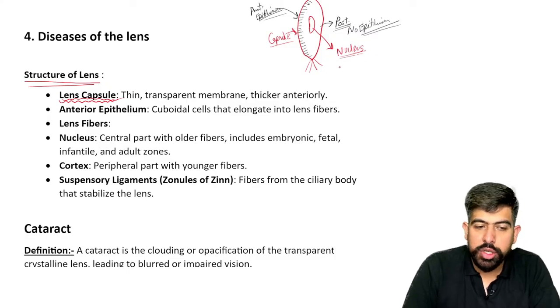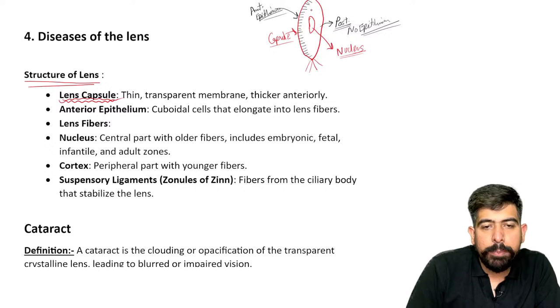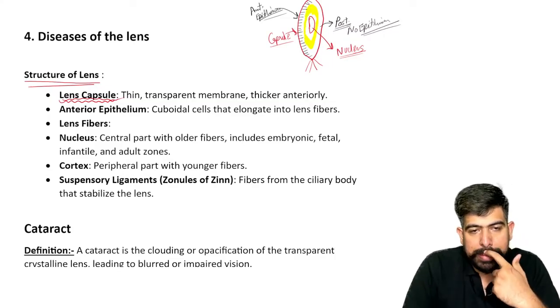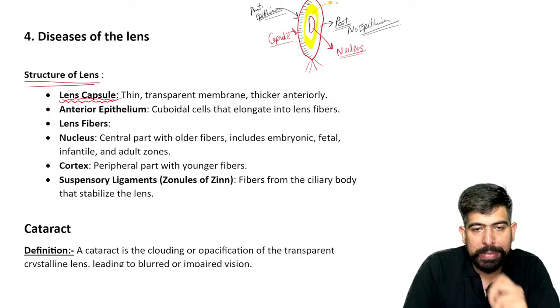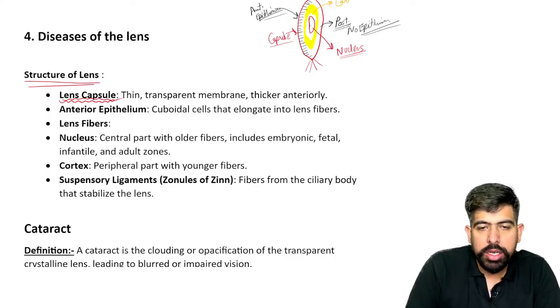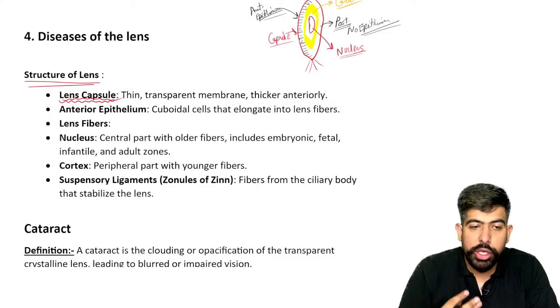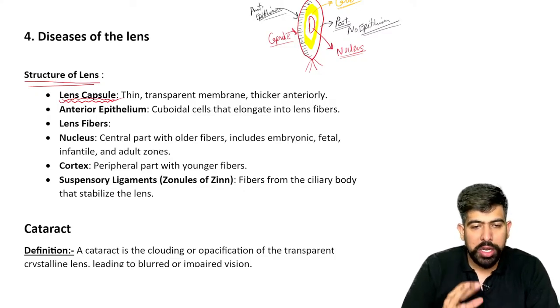The rest of the periphery, this yellow one, is the cortex. So inside the lens we have the lens nucleus and the cortex.